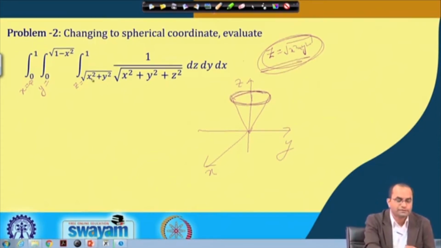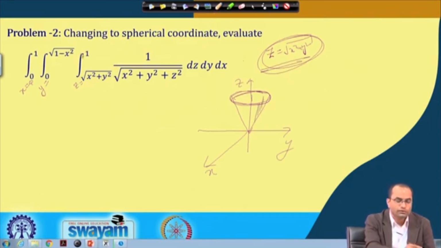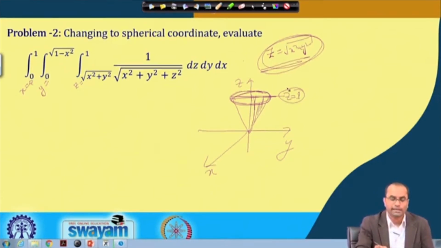So, what we realize from here is that z goes from this cone to the fixed number 1. So, z ends at z is equal to 1, that is a plane parallel to the xy plane. So, z always moves from this cone to z is equal to 1.